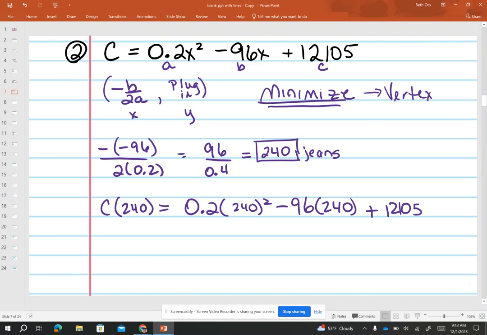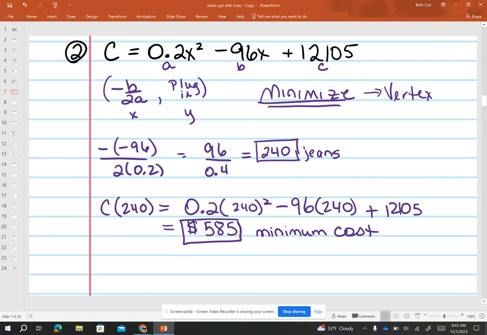I'm going to do 0.2 times 240 squared minus 96 times 240 plus 12,105. And I get 585. This is a dollar amount. This is the minimum cost.